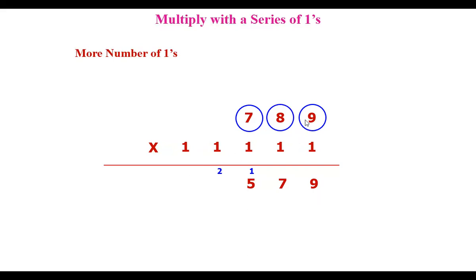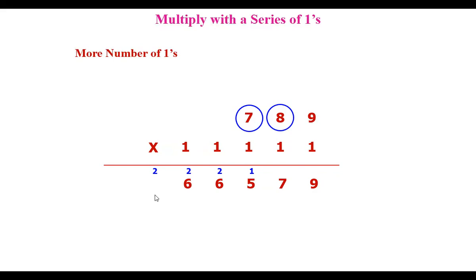That is 9 plus 8 plus 7, 24, plus 2 already there, 26. 6 and 2. 1 time is over. Next, again 24 plus 2, 26. So 6 here, 2 here. Clear? 2 times are over. We have written extra 2 times. Finish.